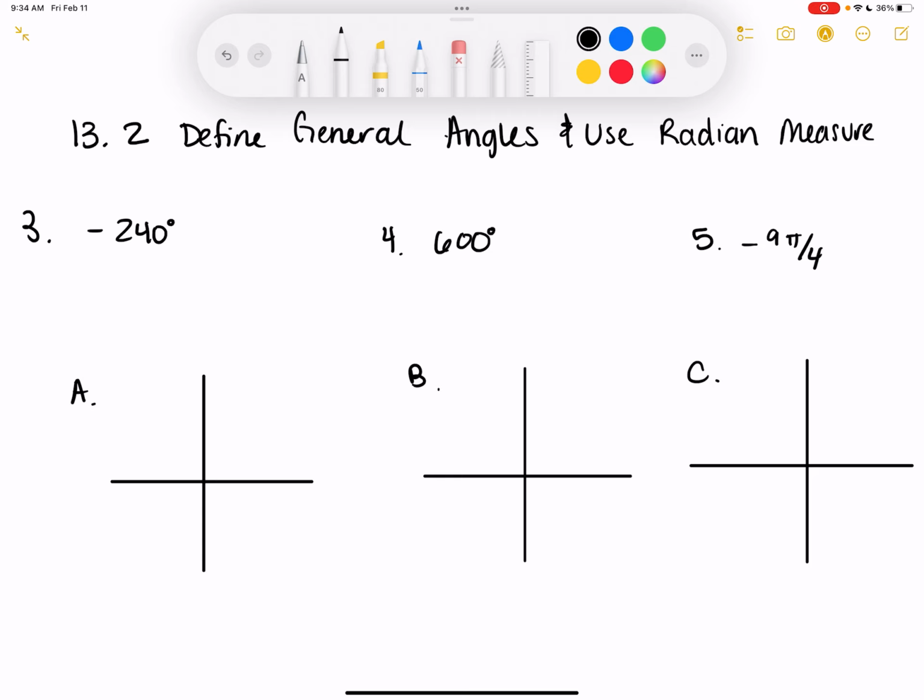The first one, I'm going to draw just like they are in your book, I'm just going to copy them. And then they're going to actually draw the line. That's the angle that you're looking for.